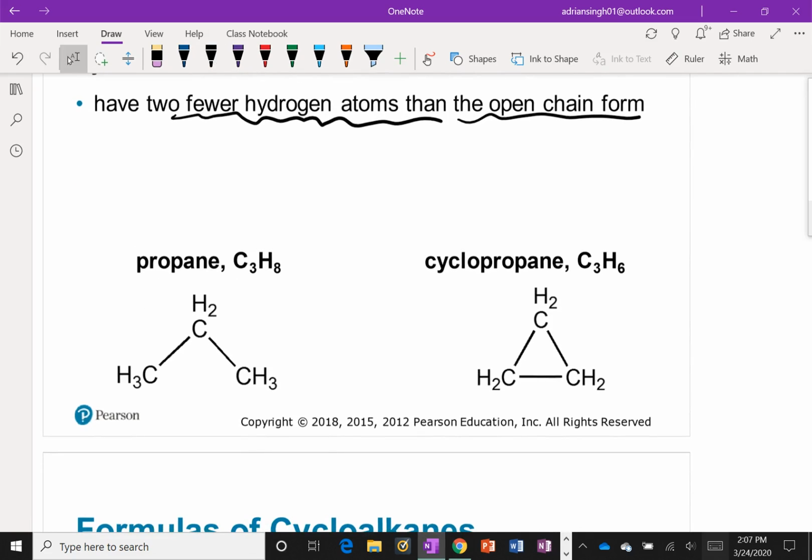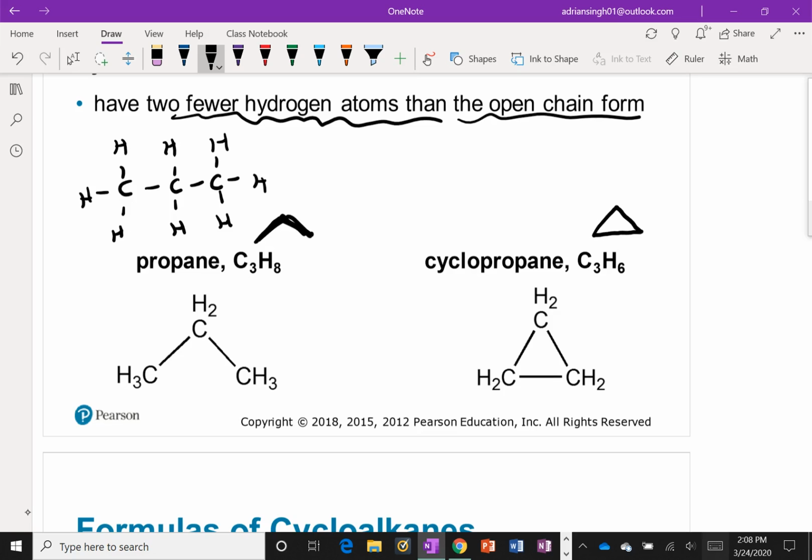All right, so for example, if we had something like propane, which we now know is going to have 3 carbons and a total of 8 H's, what we can do is take those 2 ends and bring them together and close that chain to make a ring. So propane, the line angle structure is just like an A or an upside down V. The cyclopropane would just be a triangle.